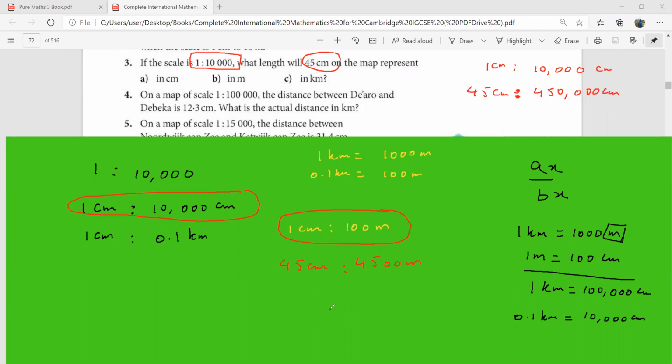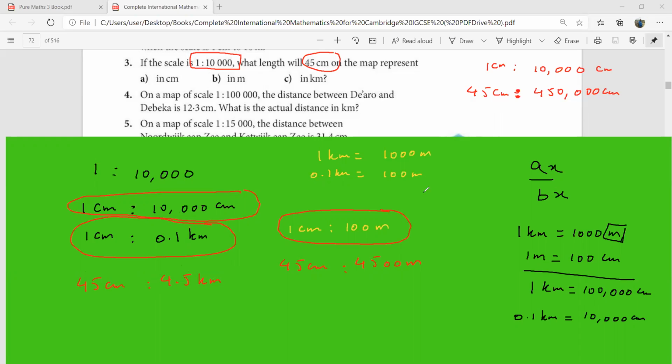So then it says in kilometers. We already have this ready, this scale, which is showing a ratio between the cms and the kilometers. So if it is 45 cm here, I'll be multiplying this side with the 45 as well. So this will be 4.5 kilometers. So according to this given scale, 45 cm in cm would be 450,000 cm.